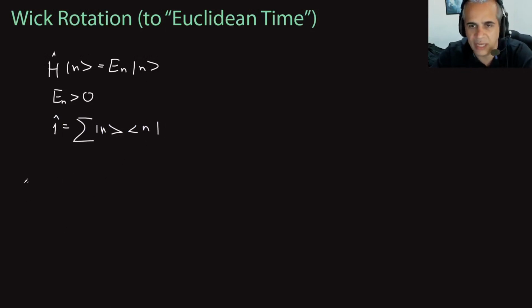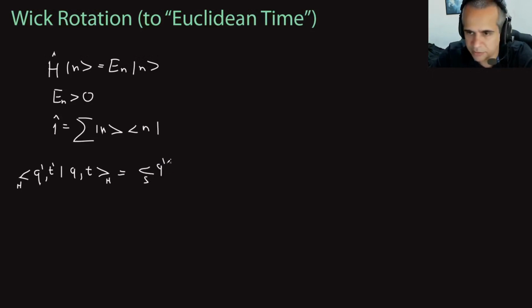So for that system, any transition amplitude, again in the language we have been using a lot here recently, can be written like that, right? Again, I'm taking these moving frame states, Heisenberg picture states, and I can write them in terms of Schrödinger picture states as follows, right? That's e to the minus i H (T prime minus T) between Q prime and Q, now in the Schrödinger picture, right?